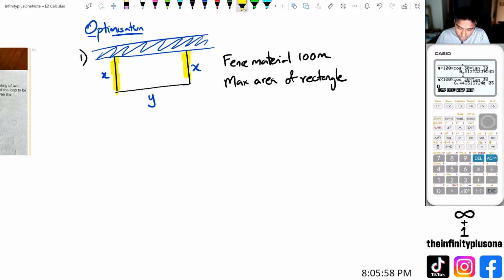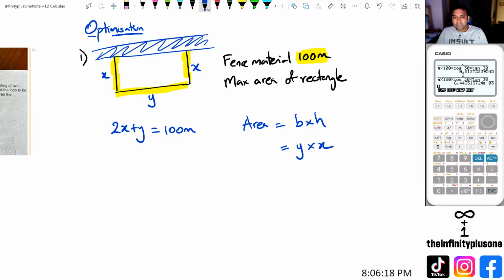Basically, what it's telling you is the two x's plus y equals 100 meters. And then the area of a rectangle is base times height, so that's y times x. Now we need to differentiate area to figure out what x value is going to give us the maximum area.